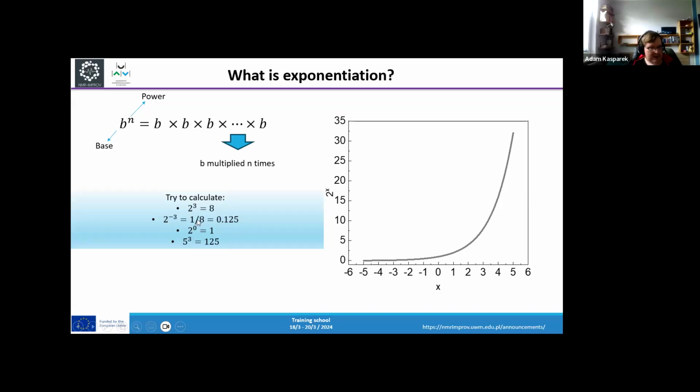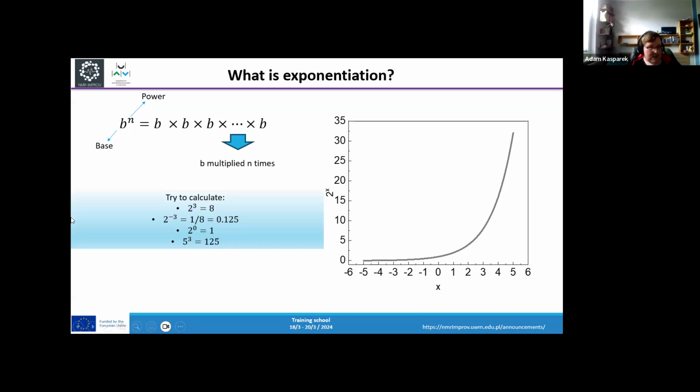So we have 1 divided by 8, which is 0.125. Anything to the power of 0 is 1, well, except 0. And the last one, 5 to the power of 3, is 125.